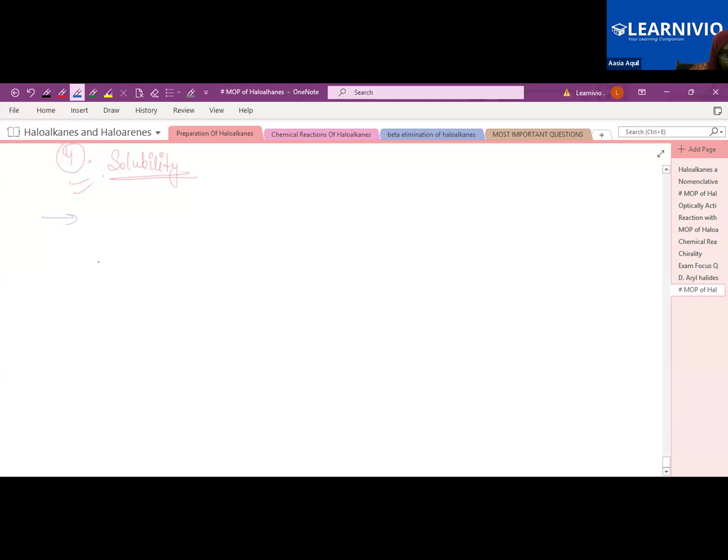Suppose this is your water molecule. You know very well there is hydrogen bonding. The oxygen of this water has a partial negative charge, and this hydrogen has a partial positive charge.